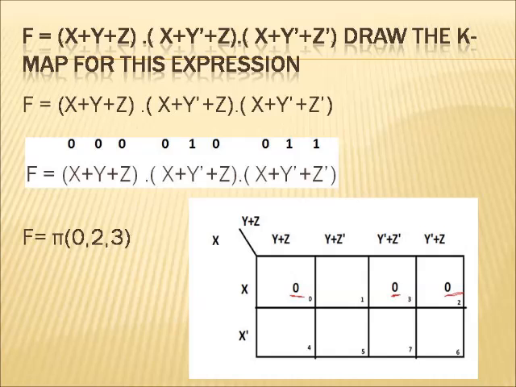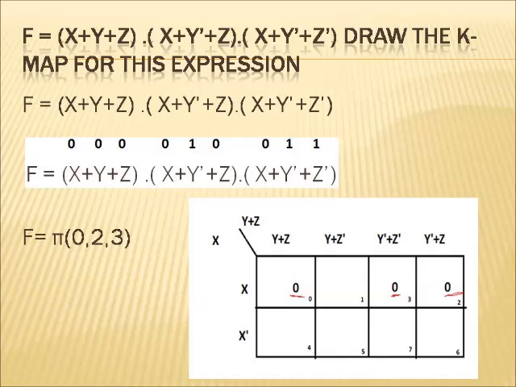Right? So again here you can see that the first term has 3 zeros, the second term 0 1 0, the third term 0 1 1. So all these numbers 0 0 0, 0 1 0, 0 1 1, the decimal equivalents of these binary numbers are 0, 2 and 3.